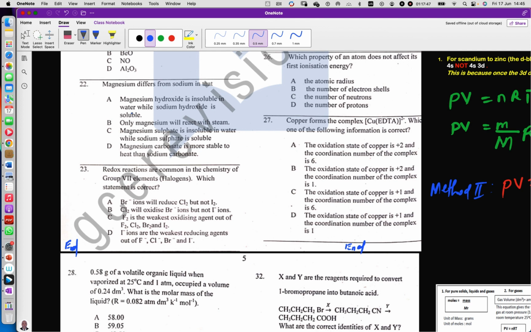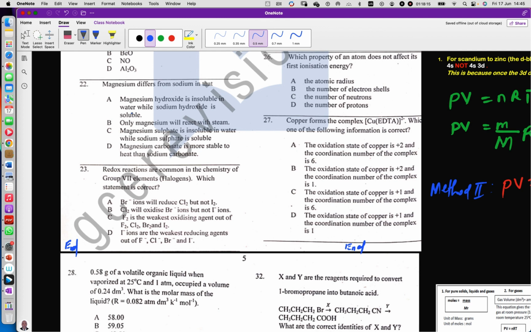A: bromine ion will reduce chlorine, but not iodine. Are we on the track? I said the ones up the group will oxidize the ones below, but the halogens down the group will reduce the ones above.